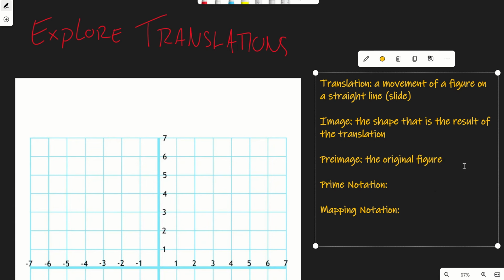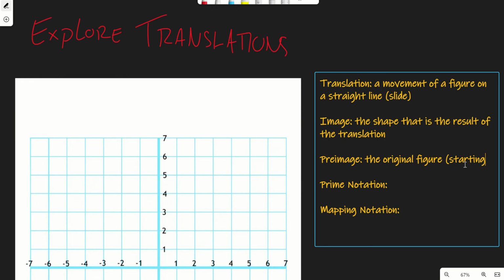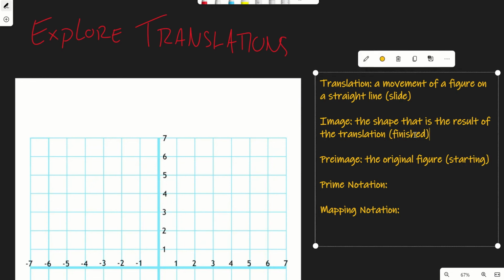So the pre-image is starting. The image is where it ends up, where it finished moving. Once I've finished sliding it all the places it needs to go, that would be my image. So pre-image and image.